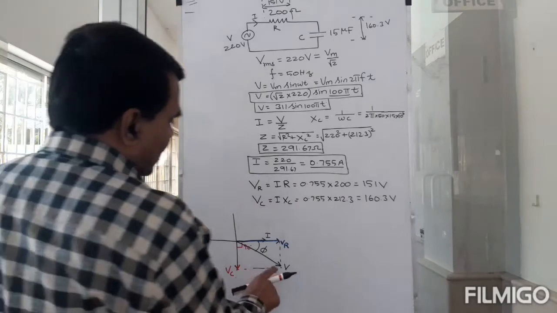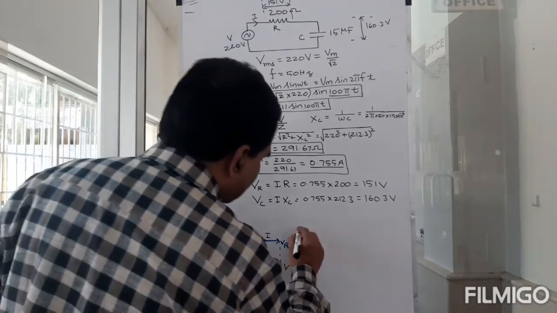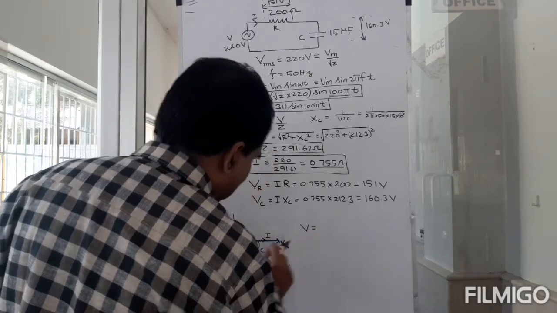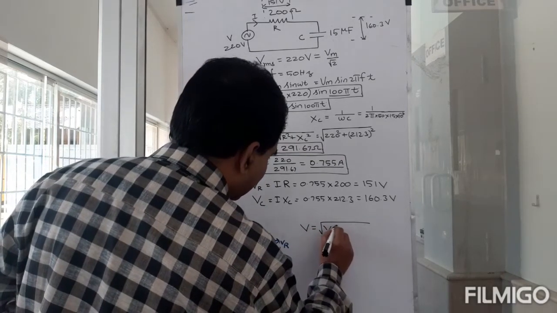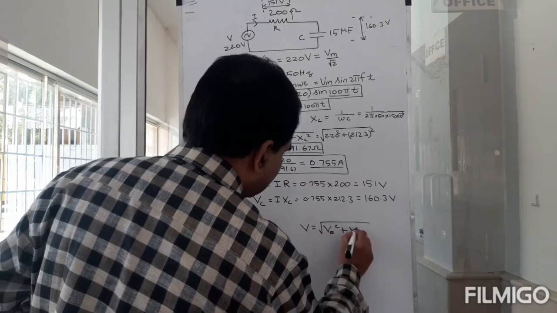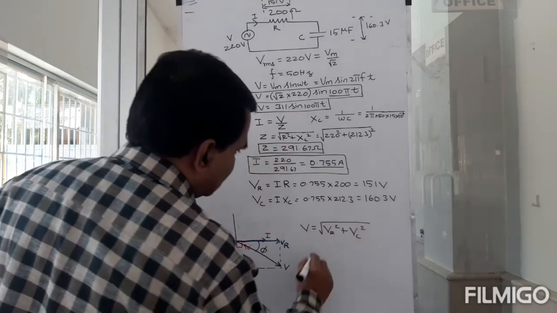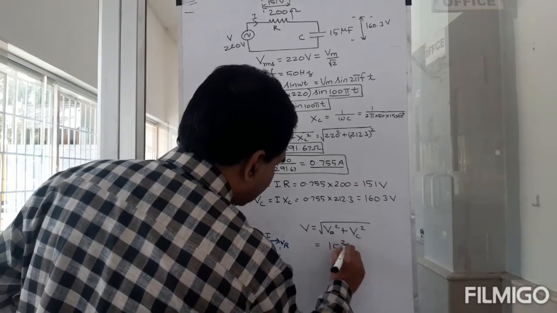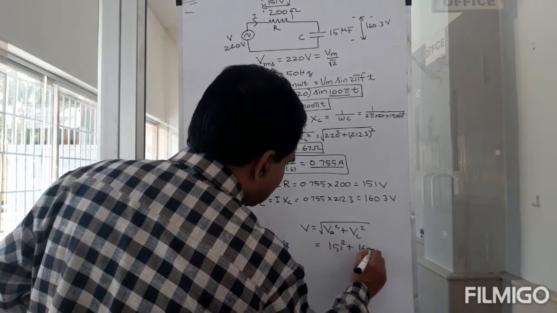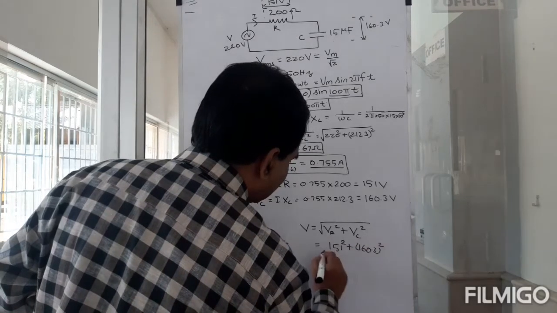Anyway. So what is V now? V is actually the square root of VR square plus VC square. So that will be equal to the square root of 151 square plus 160.3 square.